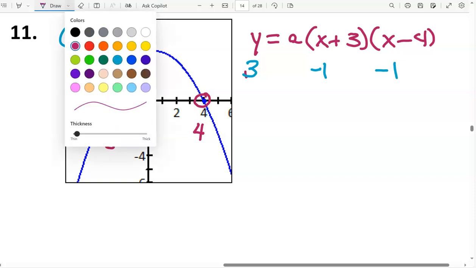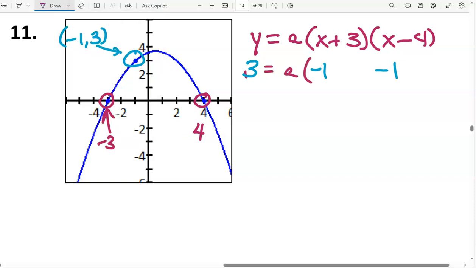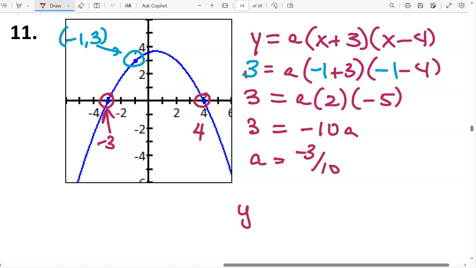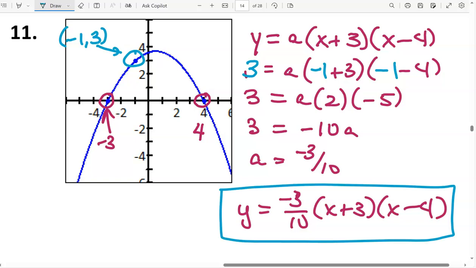And that will help us find the value of a. a times (negative 1 plus 3) times (negative 1 minus 4) should equal 3. Negative 1 plus 3 is 2. Negative 1 minus 4 is negative 5. And so 3 is equal to negative 10 times a, and a is negative 3/10. That's going to give us y equals negative 3/10 times (x plus 3) times (x minus 4).